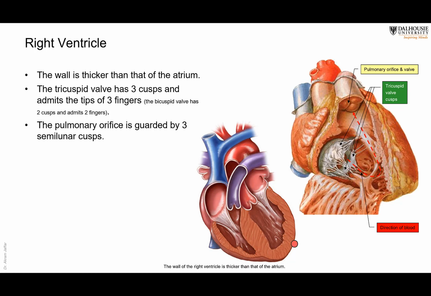You can see the opening here of the tricuspid valve, 3 cusps, and there is another opening here of the pulmonary valve, which is guarded again by 3 cusps, but these cusps look like cups and they are like half moon. So that's why the valve is called the semilunar valve, half moon.